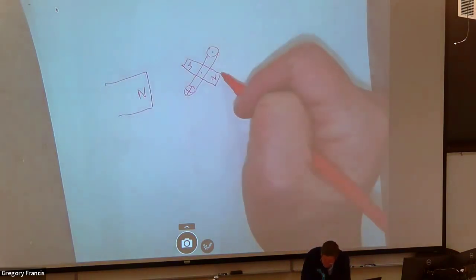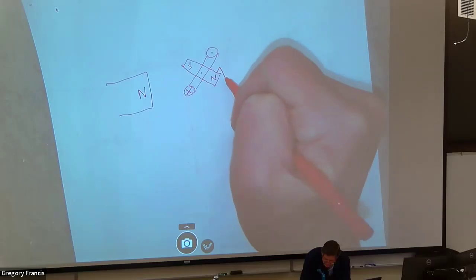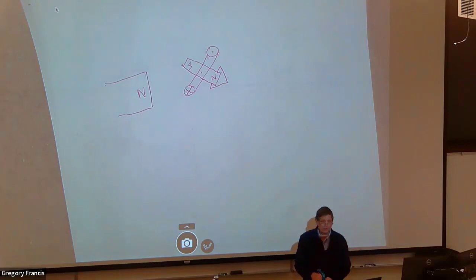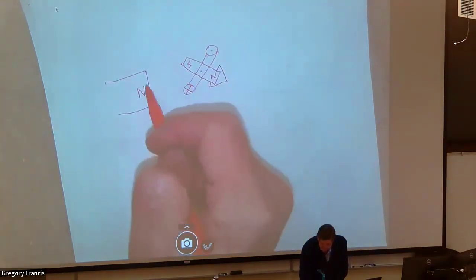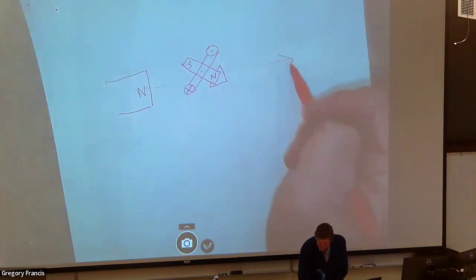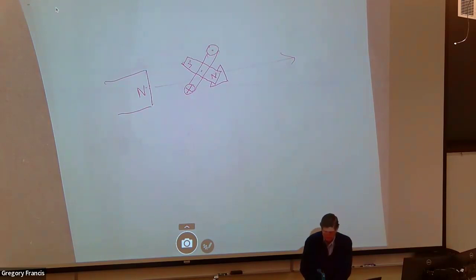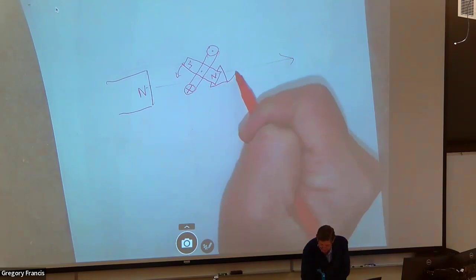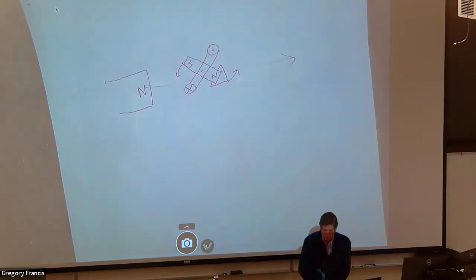And I remember that the north side of that compass needle is the one that lines up with the Earth's magnetic field, or the magnetic field that it finds itself in. And so since the magnetic field due to this bar magnet is away from the north, this thing is going to rotate counterclockwise until it lines up with that.